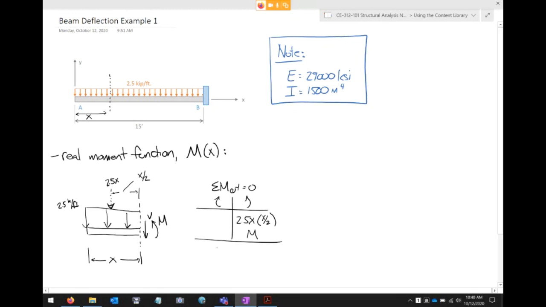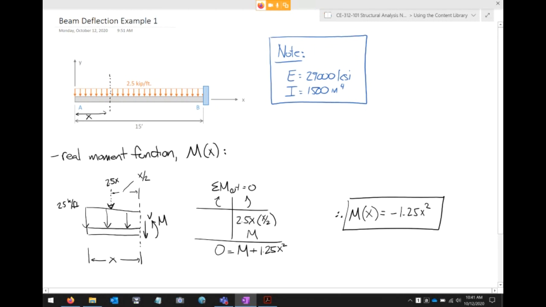So I get 0 equals M plus 1.25 x squared, or M of x is minus 1.25 x squared.